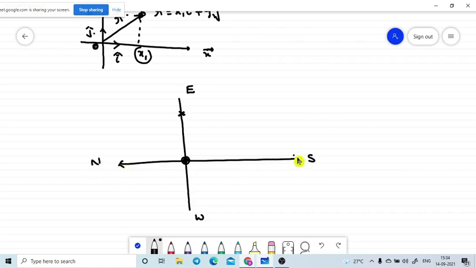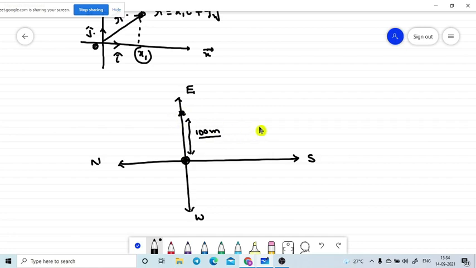These are the directions. Now if your friend's house is somewhere here, let me take some example, say it is at a 100-meter distance. How can you locate this? Your friend's house is located at a 100-meter distance from your house in the east direction.